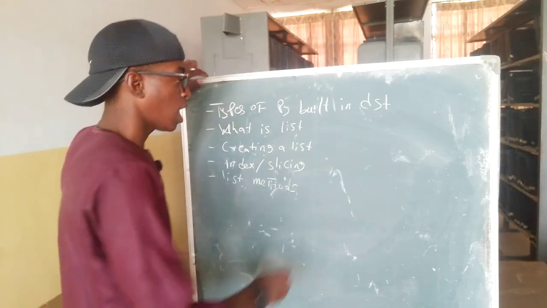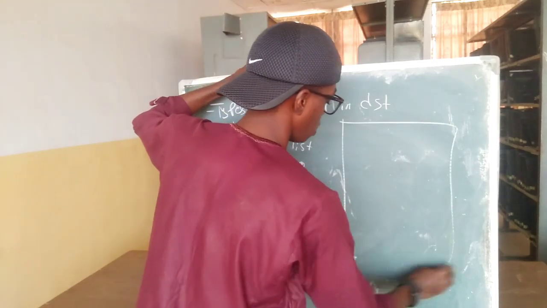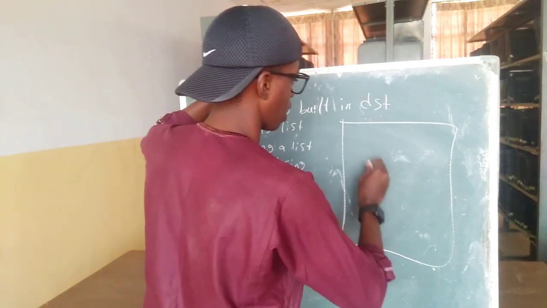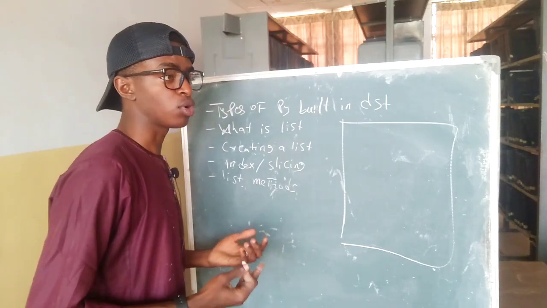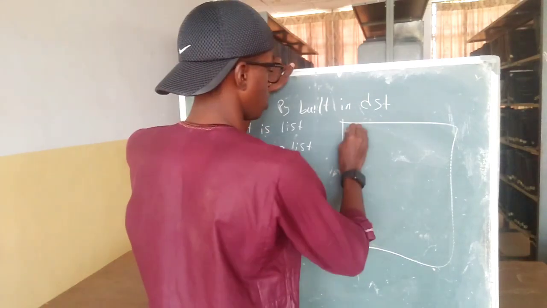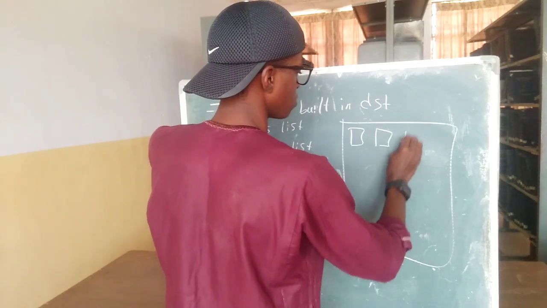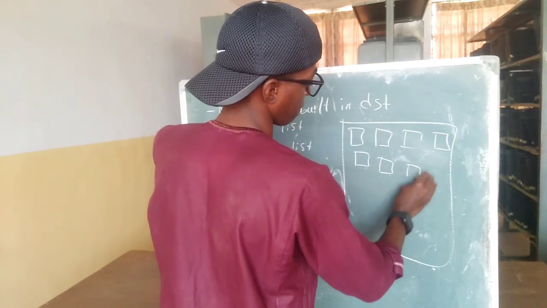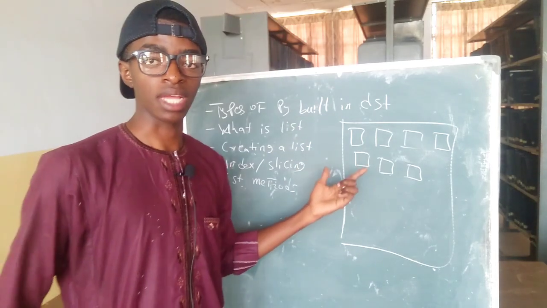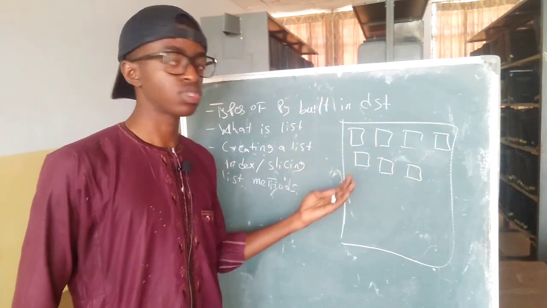Let's assume this is my cupboard. If I have multiple items, I can arrange them like this. Arranging my items like this has its pros and cons.